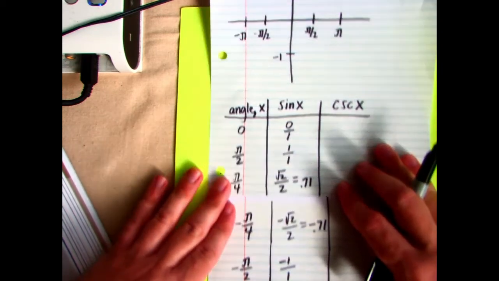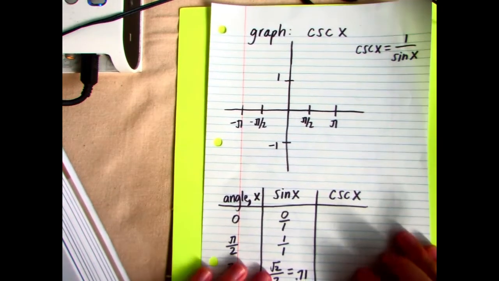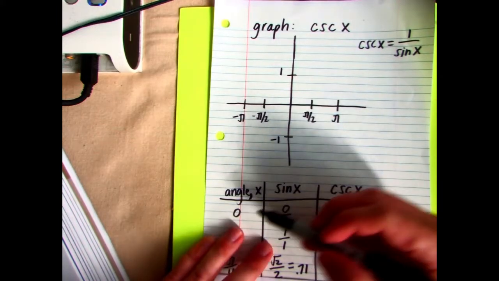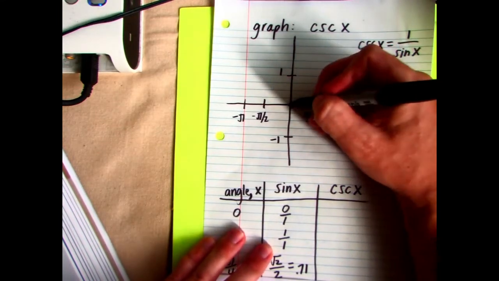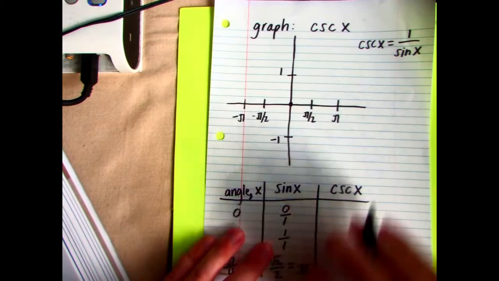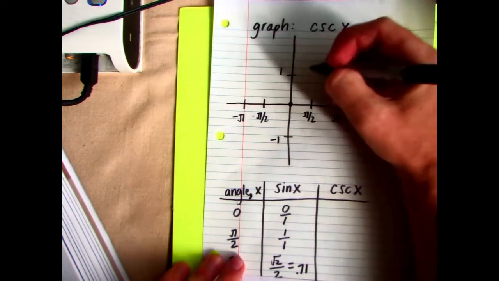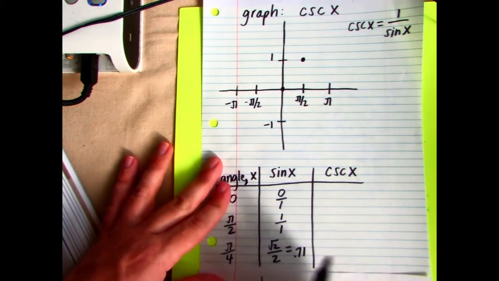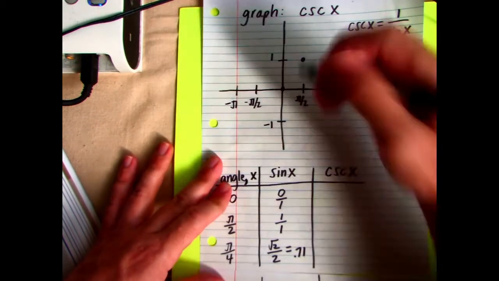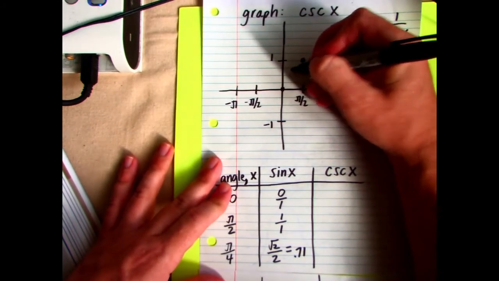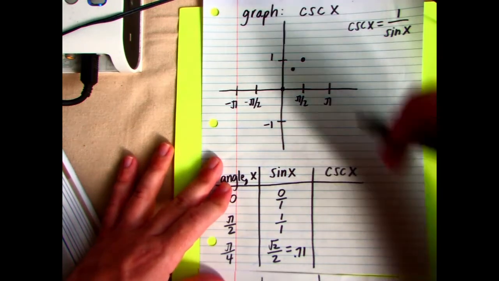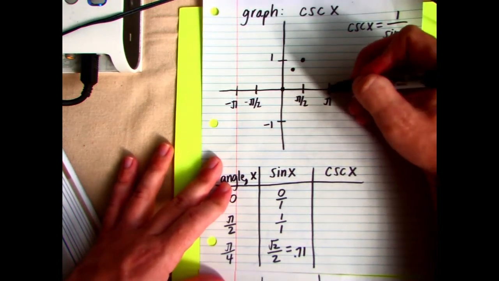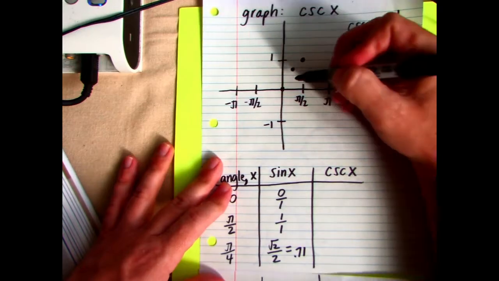So I made all these fractions on purpose. I wrote 0 as 0 over 1 on purpose to help us with the reciprocal in a moment here. But for now I'm just going to fill in these points. So all the points from our table I'm going to fill in. And we're not going to be surprised, right?